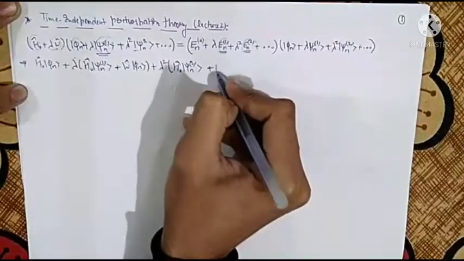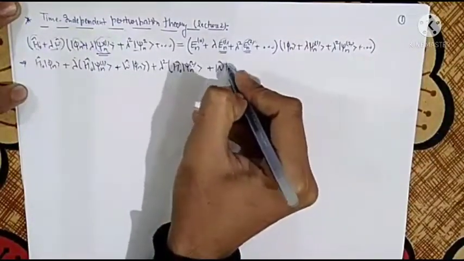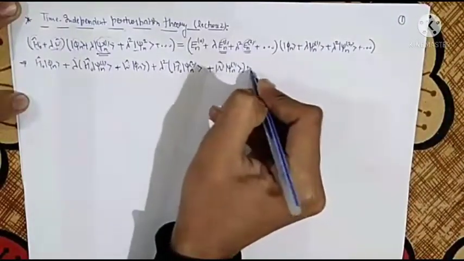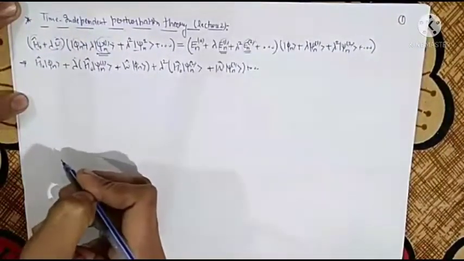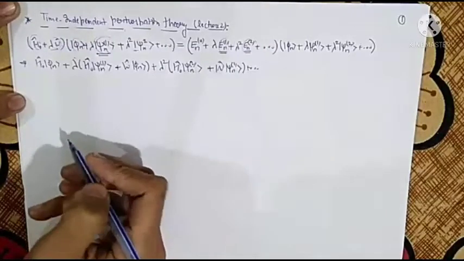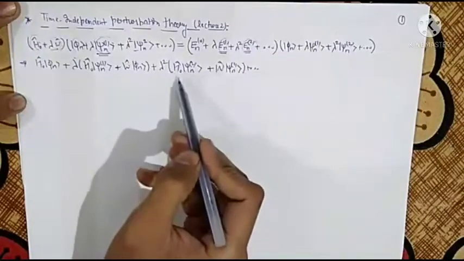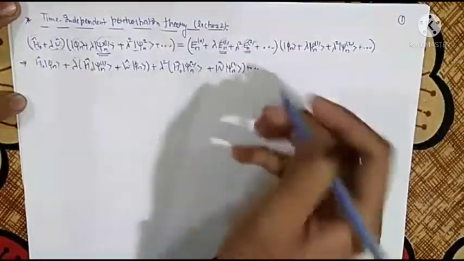So it is W acting on psi n 1, right? You can calculate more terms, but we are interested in just up to second order correction. So we are just calculating the coefficient of lambda square.